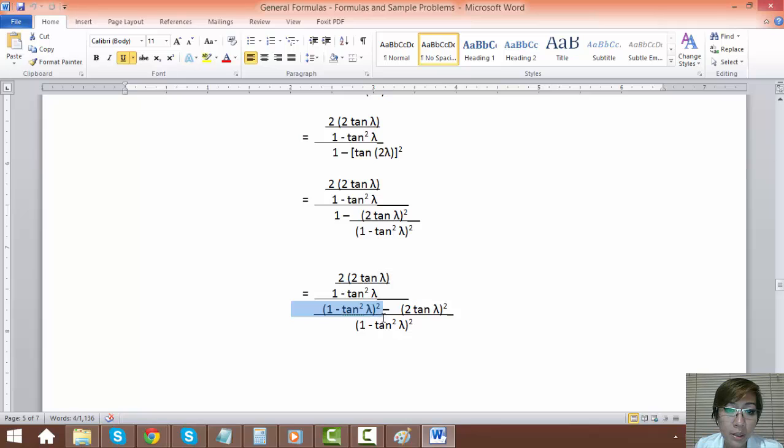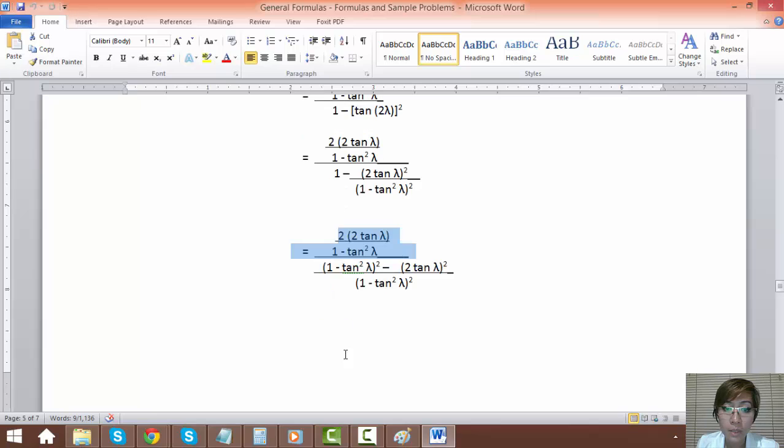So our numerator here is not yet changed. Next, since our numerator is a fraction and our denominator is also a fraction, division of two fractions will result in multiplication by the reciprocal of the denominator.